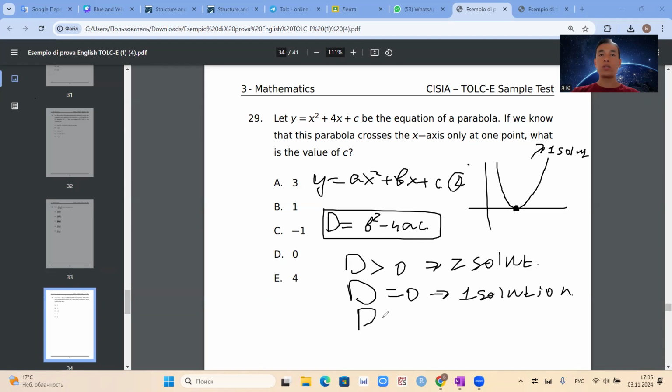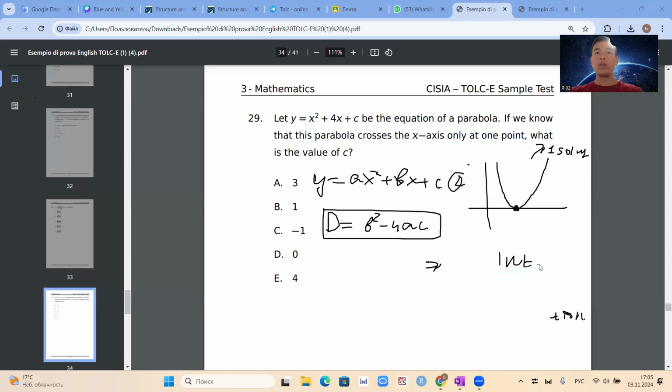When the discriminant is less than 0, there are no solutions. And here we just need to plug in our formula and equate it to 0. We'll do it together. Okay.